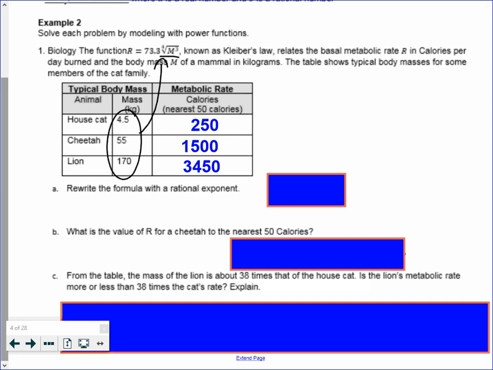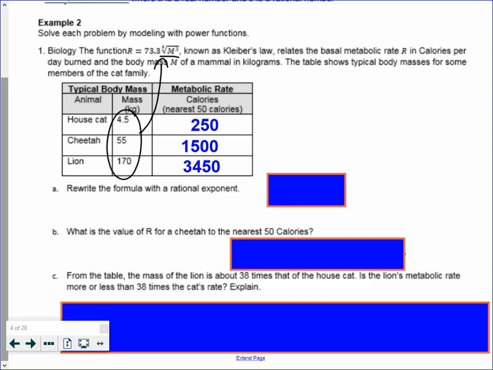For a cheetah, its typical body mass is about 55 kilograms. You plug it into the equation and you should get 1,500 calories. And for a lion, its typical body mass is 170 kilograms. If you plug it into the equation, you should get 3,450 when you round to the nearest 50 calories. So we filled out our table.